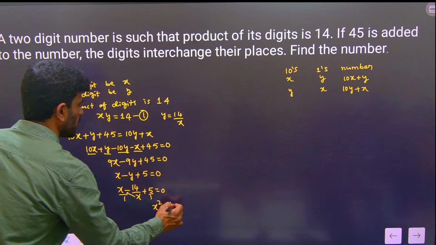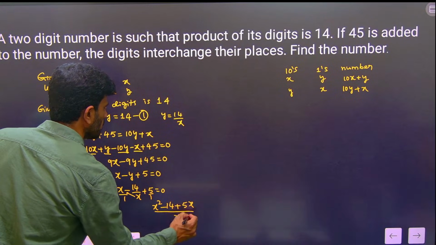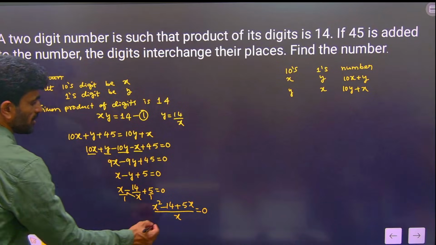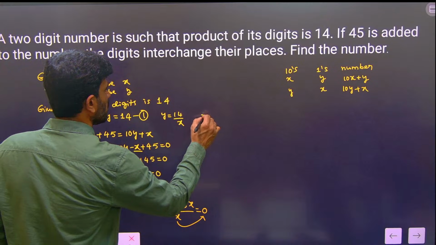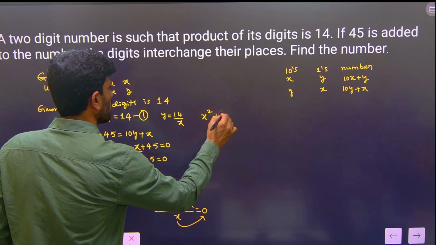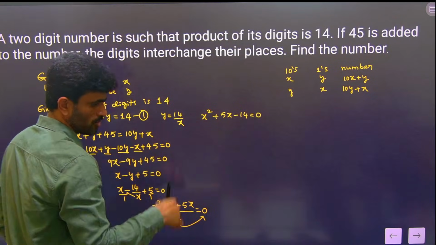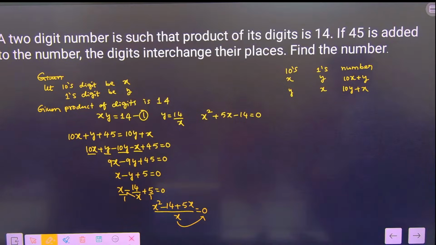Here x is not there, plus 5x. We should be careful in taking LCM. Wherever x is not there in the denominator, we should multiply by it. Send x that side, 0. So finally the equation is going to be x square plus 5x minus 14 is equal to 0. Solve it and find the number. We can split the middle term and find out what it is.